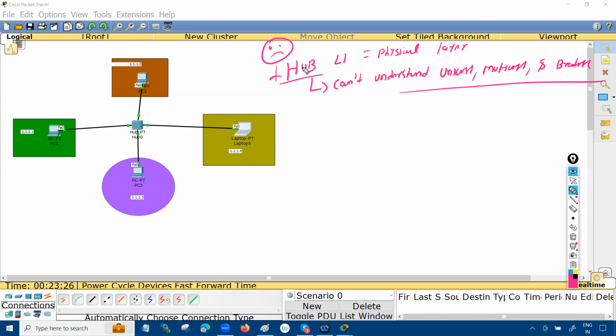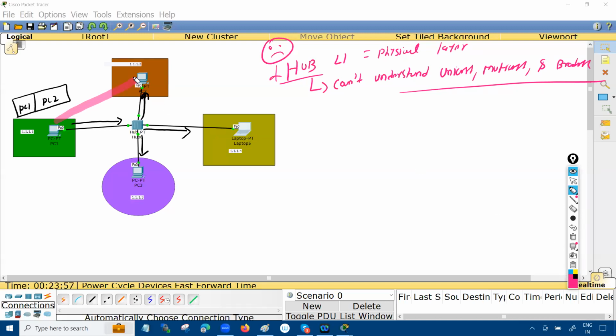So normally what will the hub do? When you're sending a packet, take the example from here, it will receive the signal on this particular port, and it will just regenerate the signal on the different ports. My source is PC1 to PC2, so actually the packet should go this way.